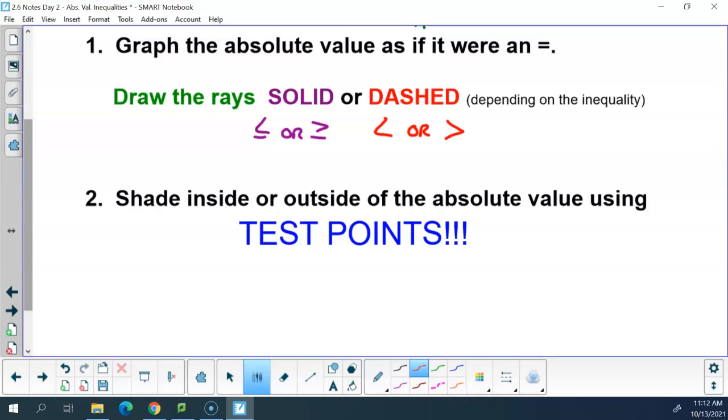If it's false, you're going to shade the other one. So you're either going to shade inside the V or outside the V, depending on where your test point is, and the truthiness of the statement that it gives you. Let's try some.